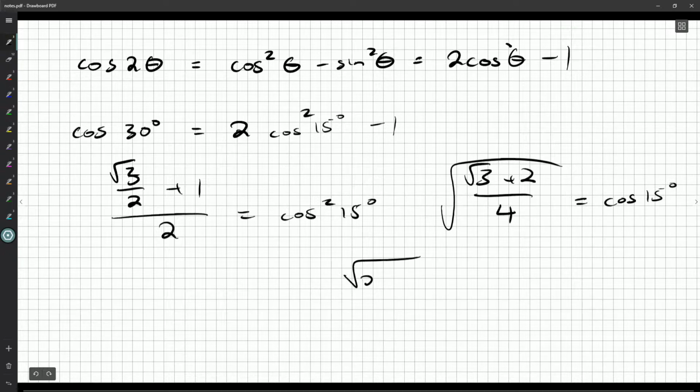So that'll be square root of 2 plus root 3 all over 2. And again, I'm pretty sure there's a nicer expression for this. I can't, off the top of my head, think of what it should be for 2 plus root 3.